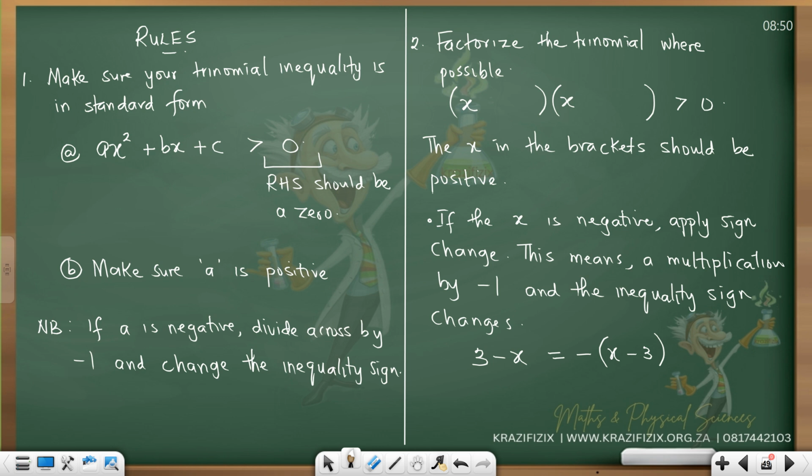Okay. Commutative law. All right, point number 3.